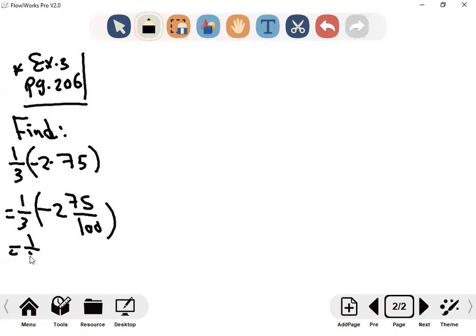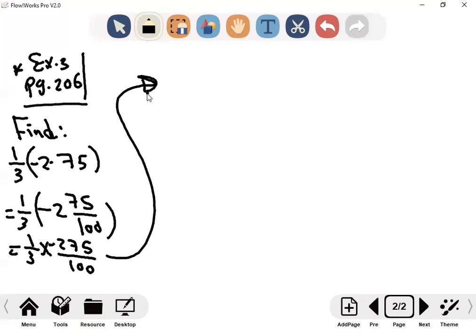Equals 1/3. Now turn it to a fraction: 275 over 100, and the minus goes to the numerator. Okay?